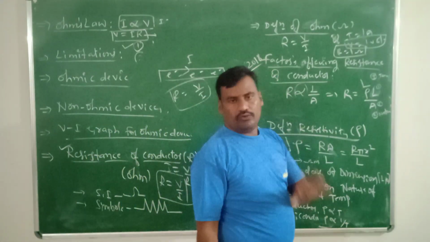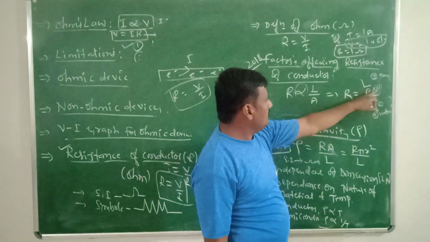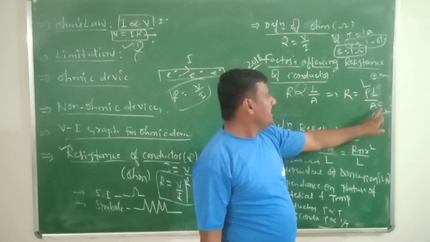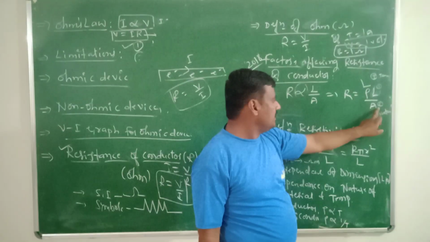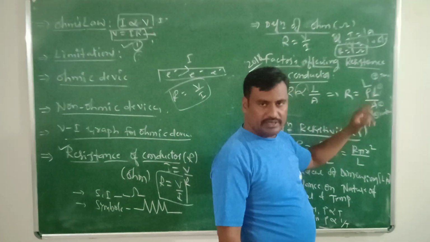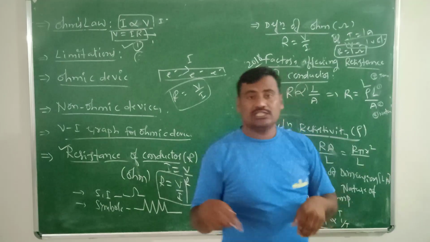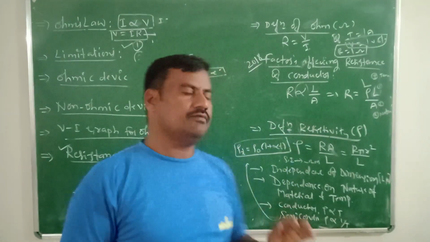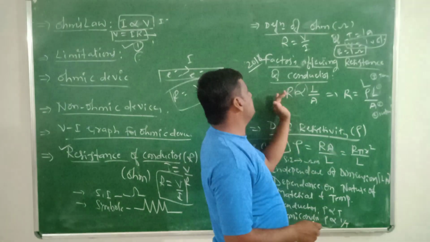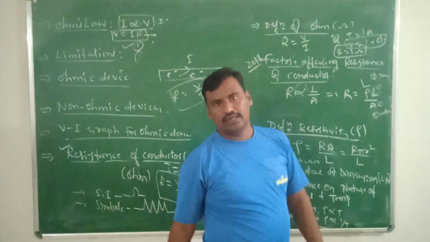These are the four factors on which the resistance of a conductor depends.